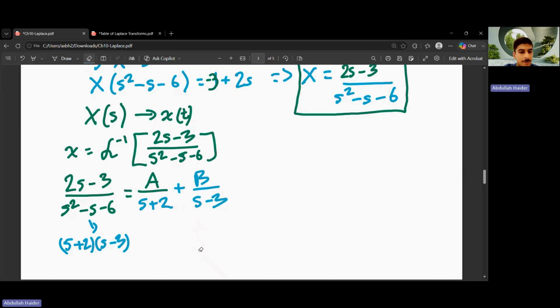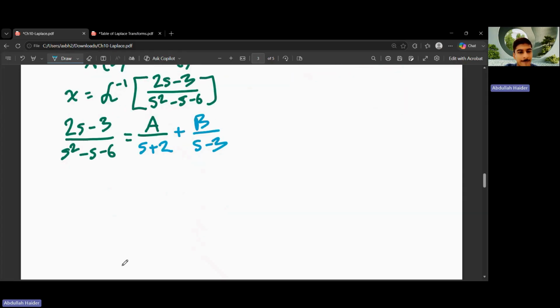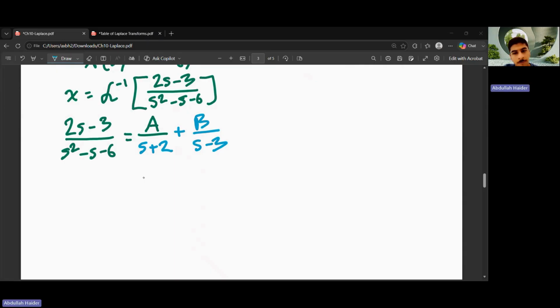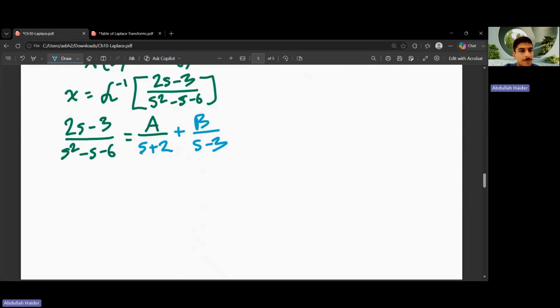Basically you factor them into two separate binomials, and you should remember from calculus 2 that you will be doing cross multiplication. So instead of s squared minus s minus 6, you can write s plus 2 times s minus 3.